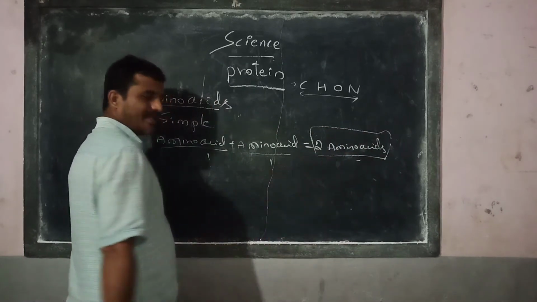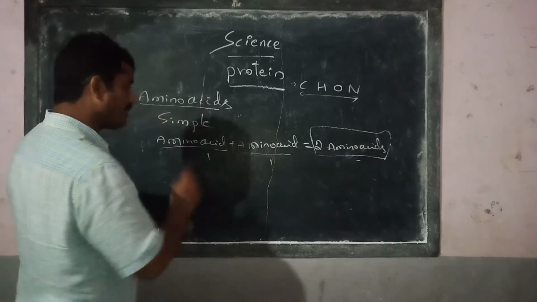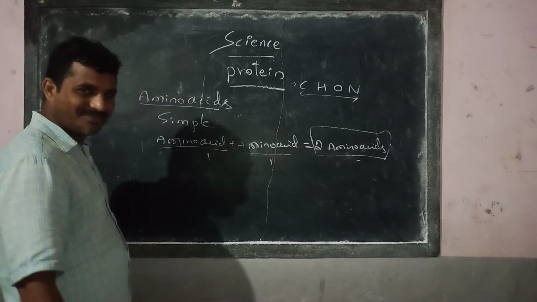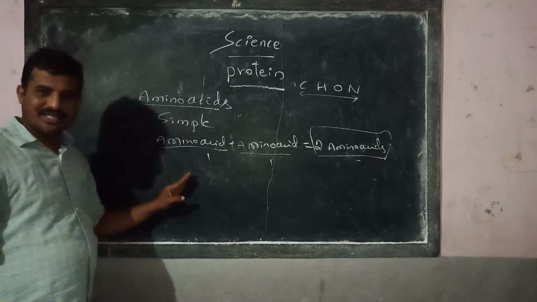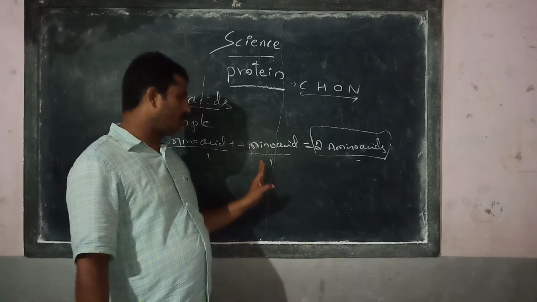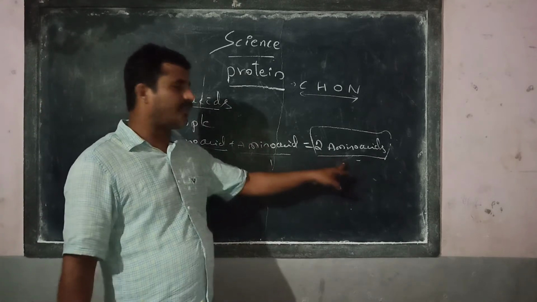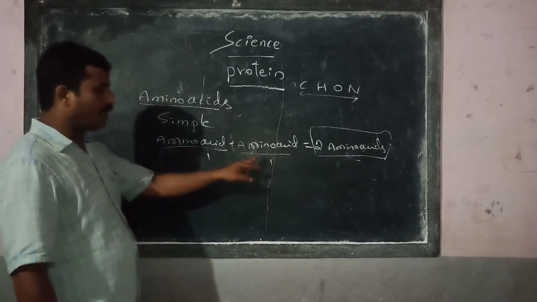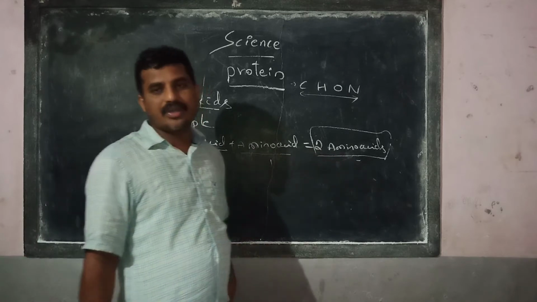Now what is it called? As earlier we discussed, one glucose plus another glucose forms two glucose, that is maltose. One monosaccharide plus one monosaccharide, two monosaccharides formed, we get a disaccharide. Similarly, one unit of amino acid plus one unit of amino acid, we now got two units of amino acids.